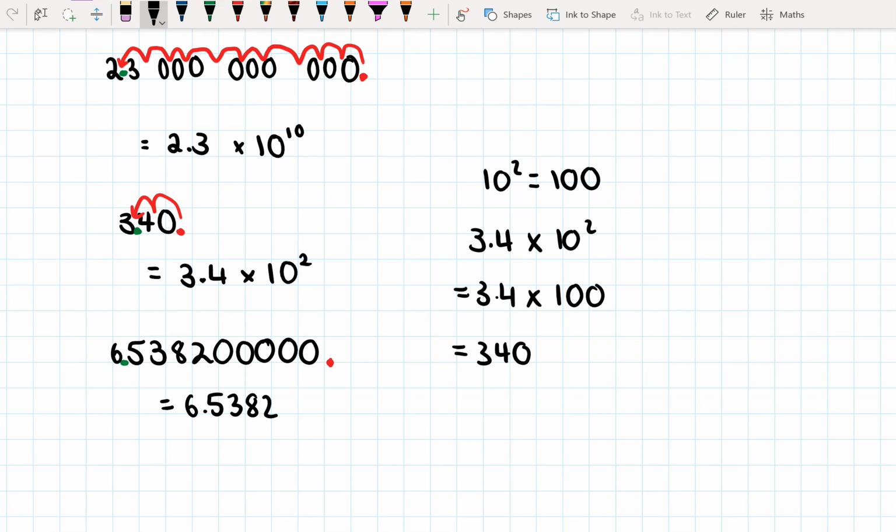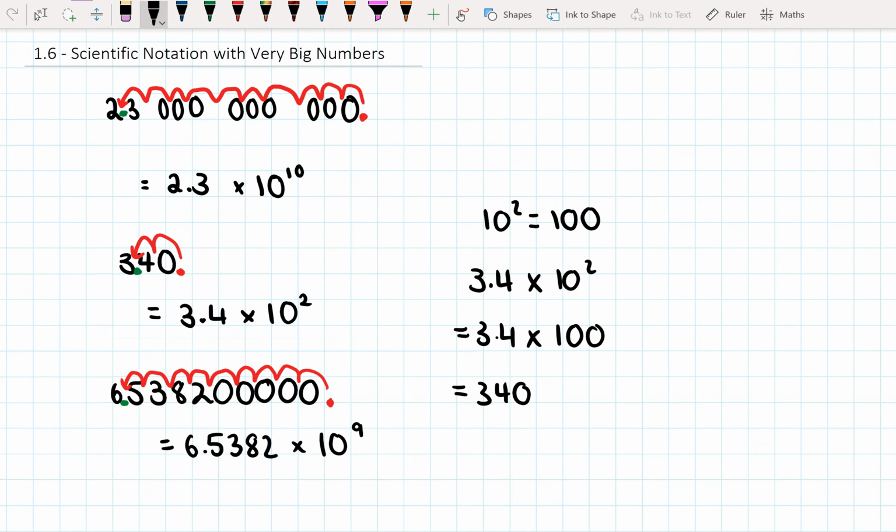We're keeping all the data that we know, and we've moved it by 1, 2, 3, 4, 5, 6, 7, 8, 9 jumps. So it's going to be times 10 to the power of 9.